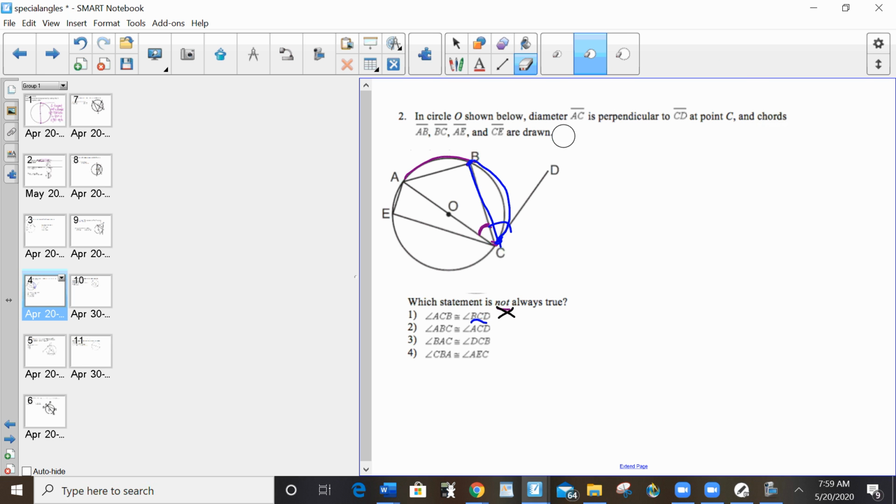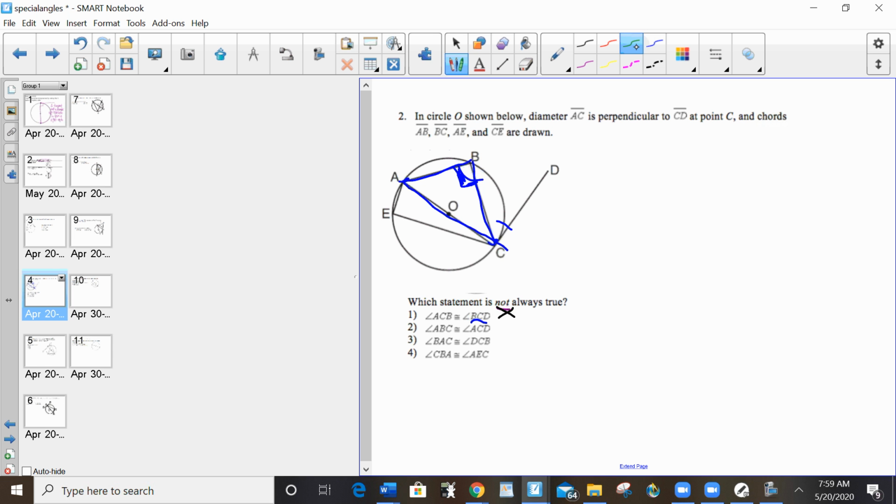Now I'm going to go to the next choice. ABC is inscribed to AC. Now what's special about AC? It's a diameter, it's a semicircle, which makes it a right angle. So I know that ABC has to be a right angle. If ACD is a right angle, then they must be the same. ACD is right here.